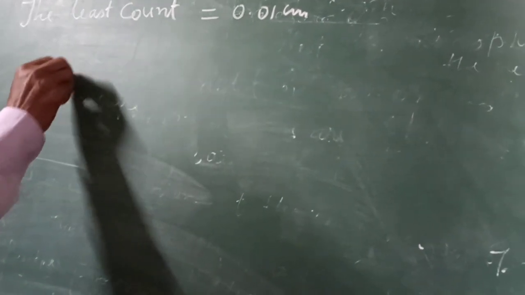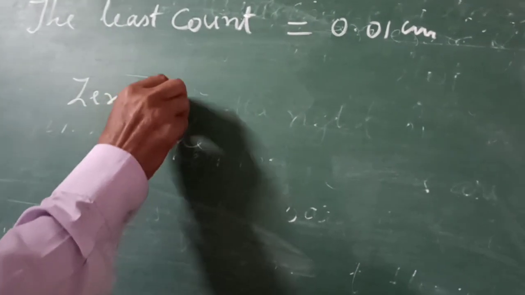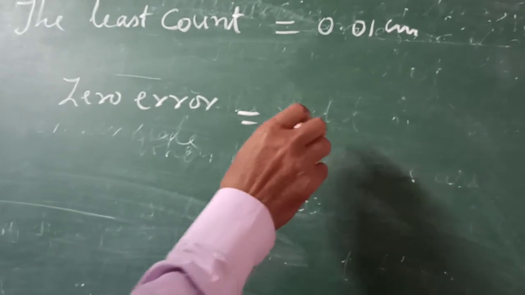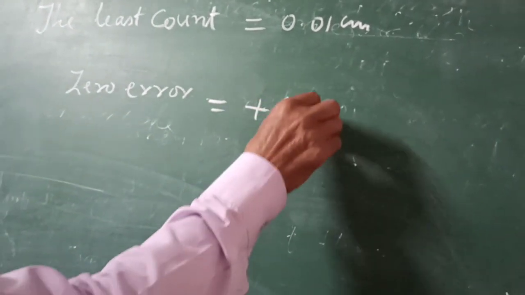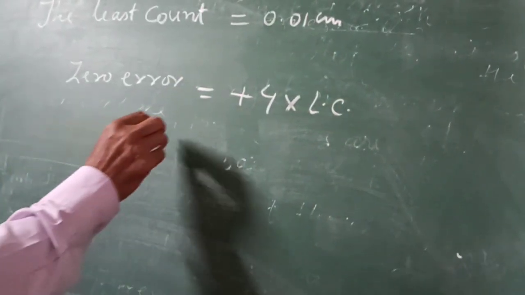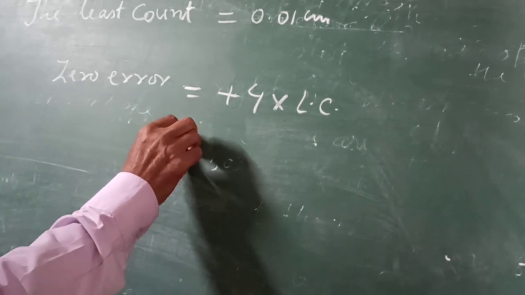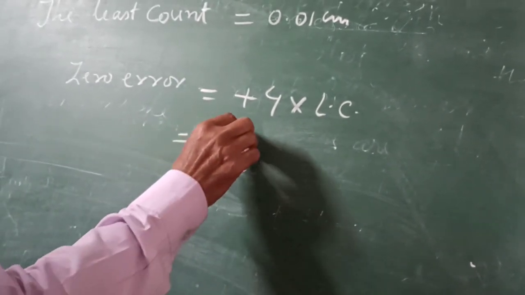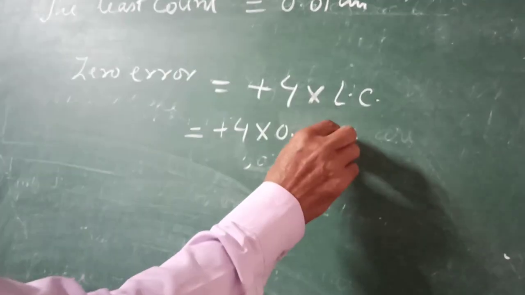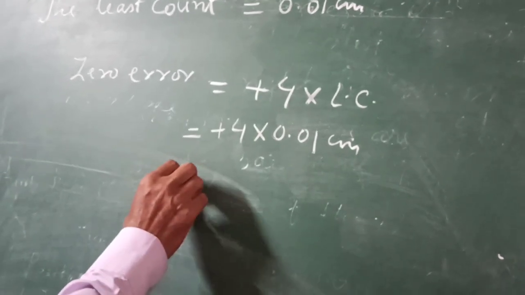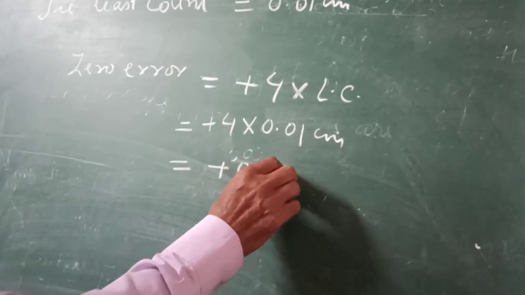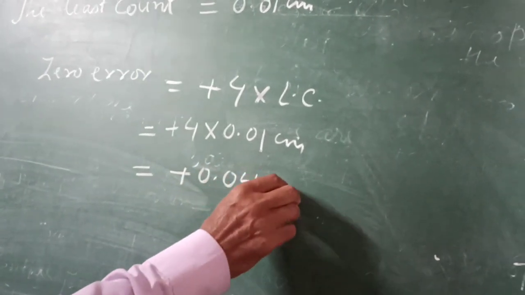So zero error is equal to plus 4 into least count is equal to plus 4 into 0.01 centimeter is equal to plus 0.04 centimeter.